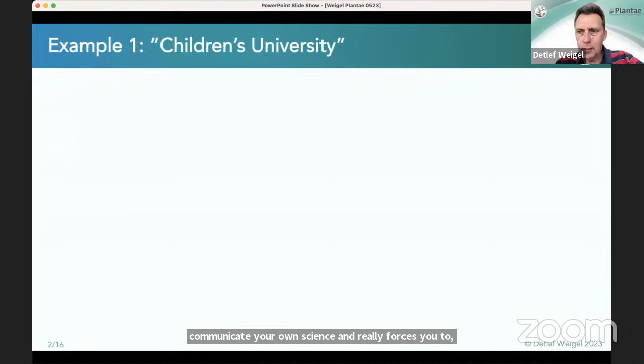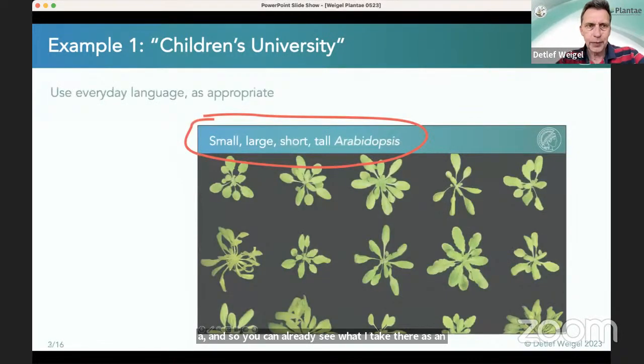So first example, Children's University, where I talk about evolution, and the title of my presentation is why the shepherd dog is a shepherd dog and not a duckle. You can already see what I take there as an example. While I myself work on plants, I try to make it general.